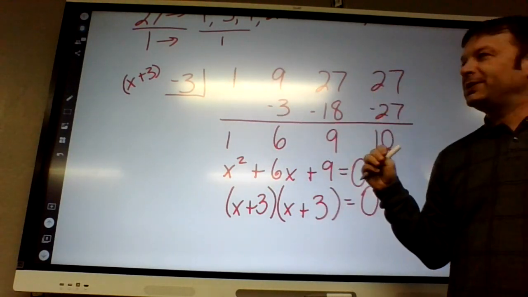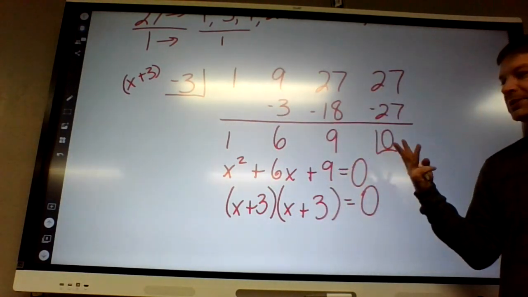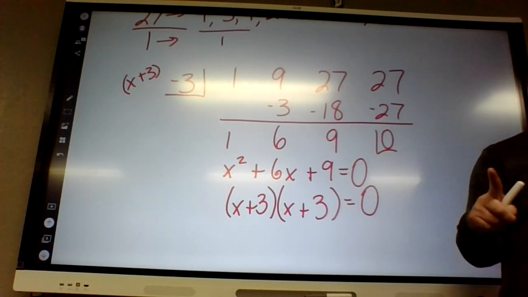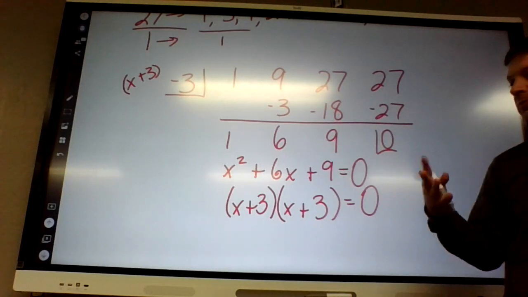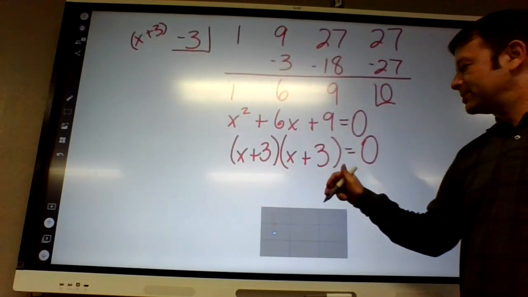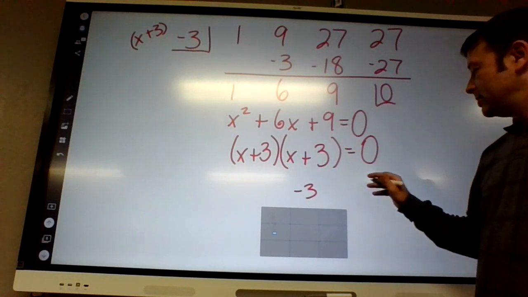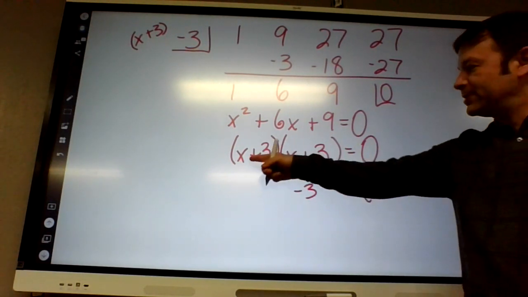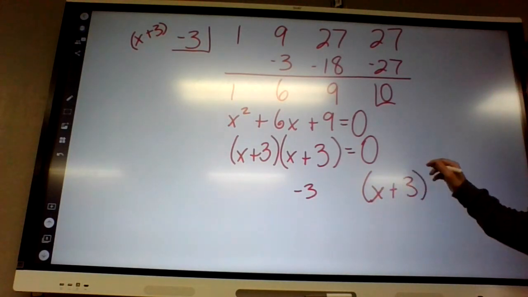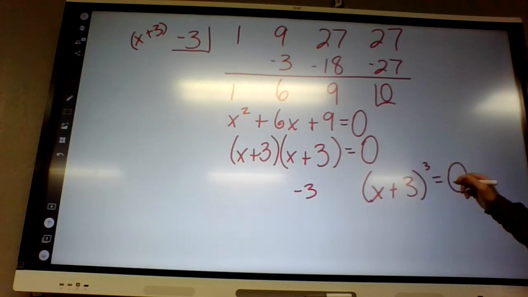Okay, remember I said normally there's like 3 answers, but in this case, all 3 answers are the same one answer. It's called a triple root, or you could have a double root or quadruple root, but it's the same answer 3 times. So it's negative 3, one answer. Factored, it would be x plus 3 times x plus 3 times x plus 3, or x plus 3 cubed.